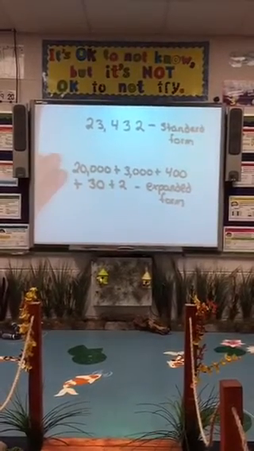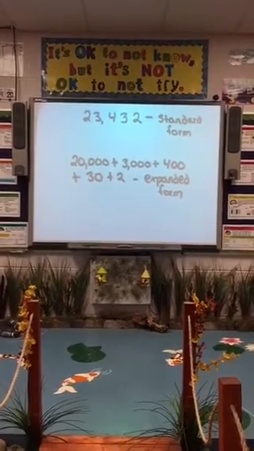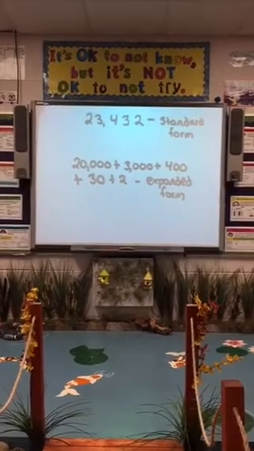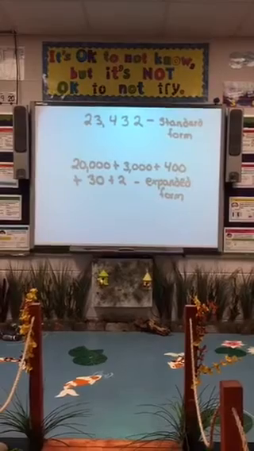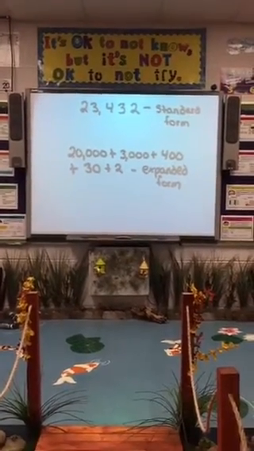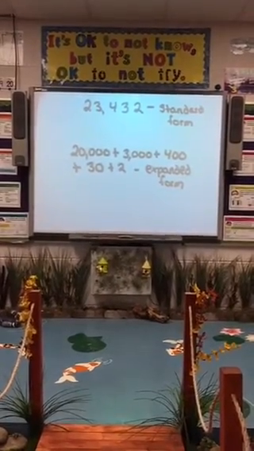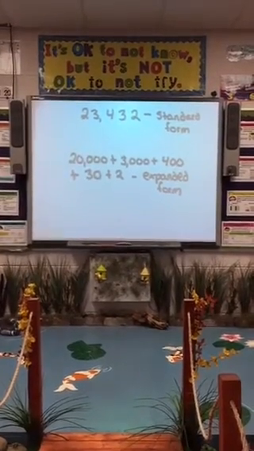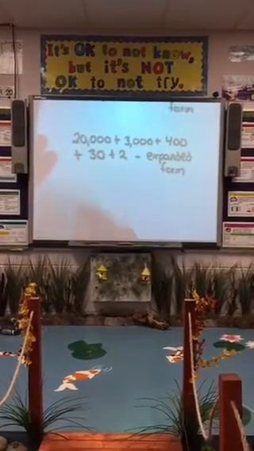The other way that your children are writing numbers is word form. And as we tell them in class all of the time, you write it exactly as you say it. And we remind the kids over and over that the only time "and" is used in numbers is if there's a decimal or a fraction, for what we're working on right now. When it's just a whole number with no decimal, "and" is not used. So we read that number, 23,432. So we write it just as we read it.